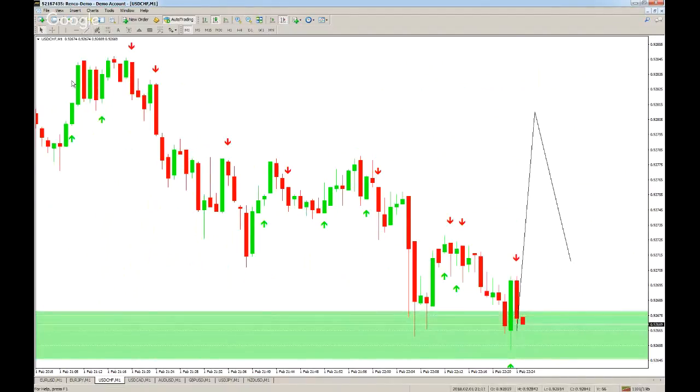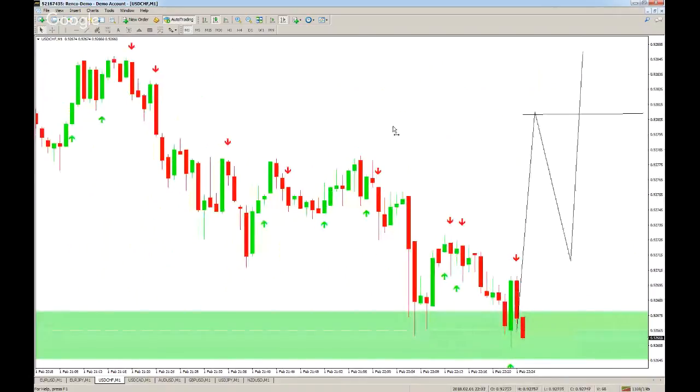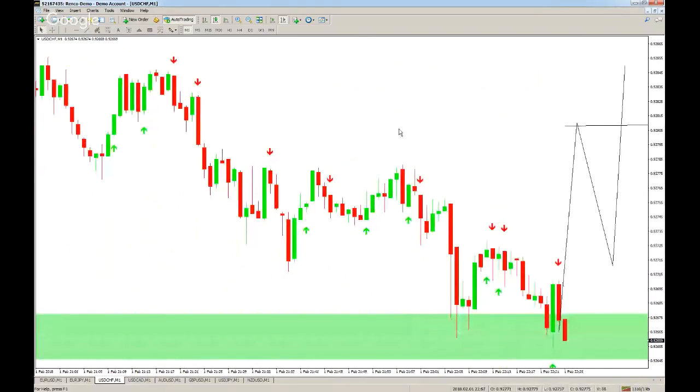Then we could see a new structure high, which would break above previous structure resistance to create new structure highs. So that's how I identify a new trend, how you can see that we are looking to change direction within the markets themselves.